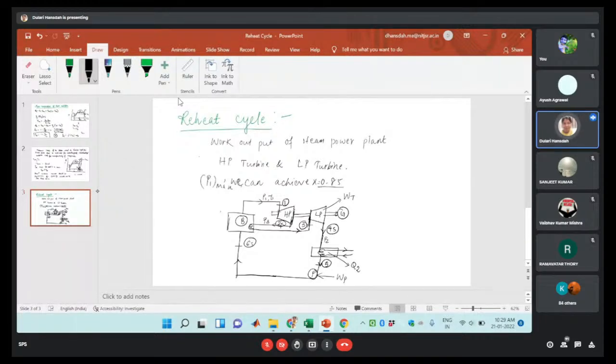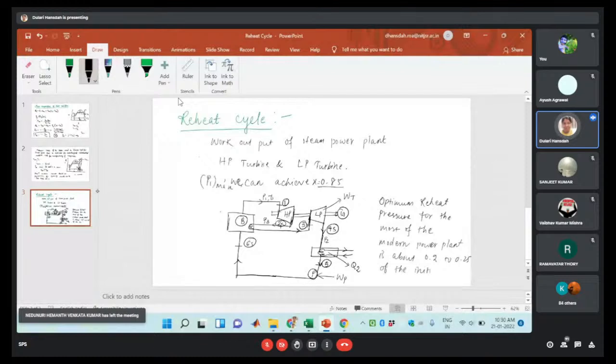Okay, so in this case, the optimum reheat pressure for most of the modern devices, of the initial steam pressure.